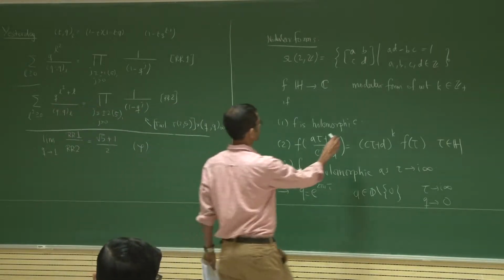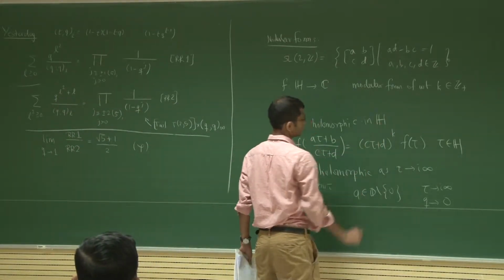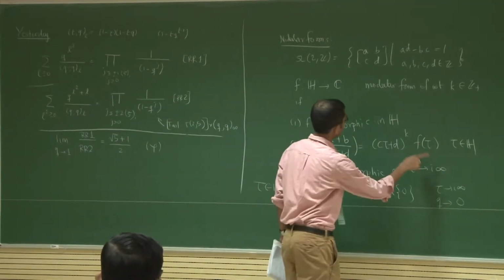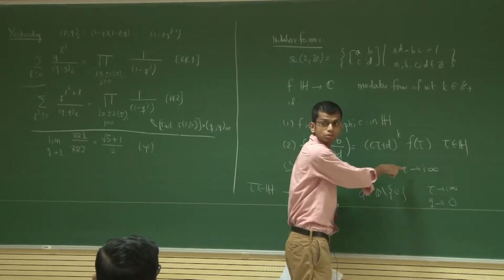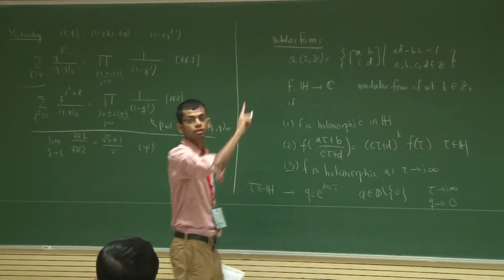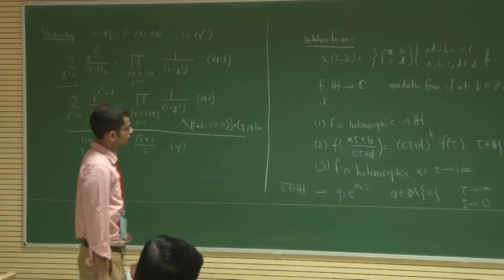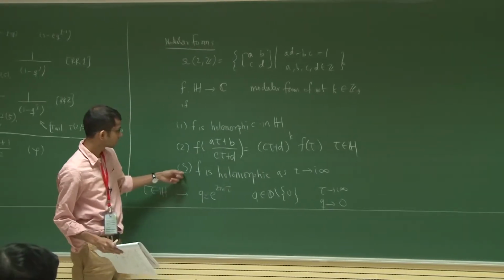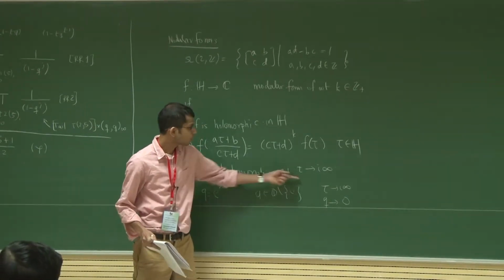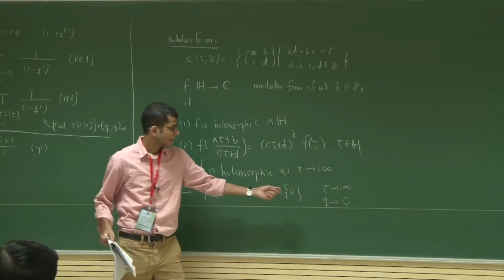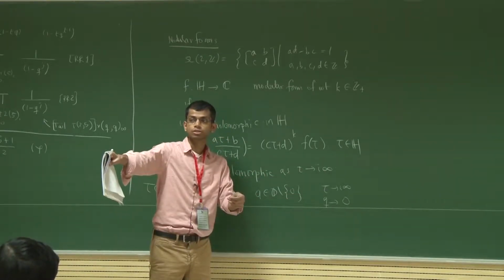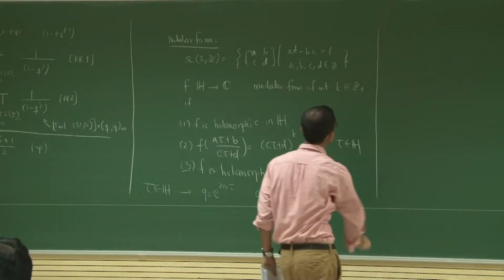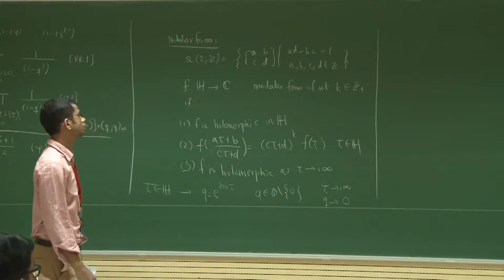F is holomorphic in H. The upper half plane doesn't include infinity, so I am also imposing a condition on what happens at a cusp. So really what you are saying is that it's holomorphic as tau goes to i infinity, which means at q equal to 0 there is a nice Fourier expansion. Now, this is all well and good, but it turns out that these are too restrictive conditions for us.